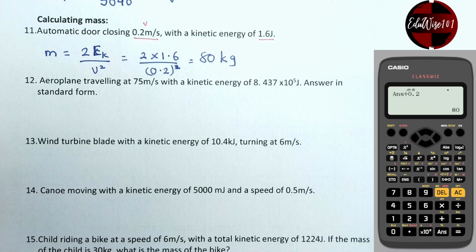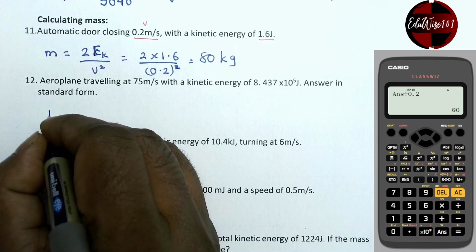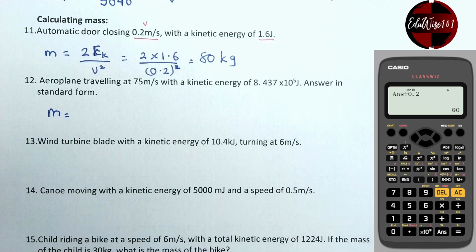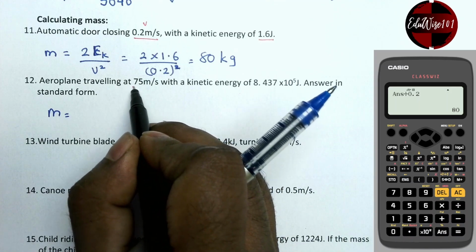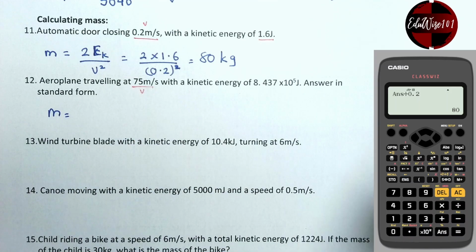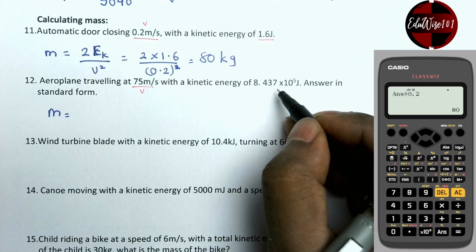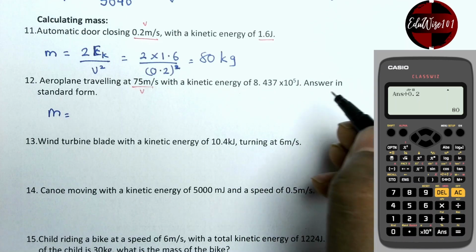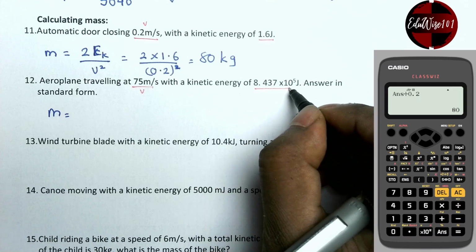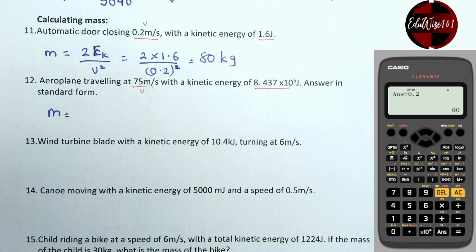Question number 12. Mass is what we are trying to find. So an airplane traveling at 75 meters per second, that's my velocity. Kinetic energy is 8.437 times 10 to the power 5 joules. So I'm going to leave that in standard form so I can show it in the calculator.